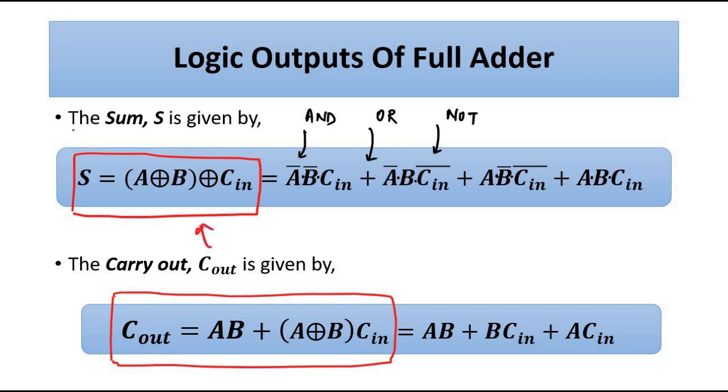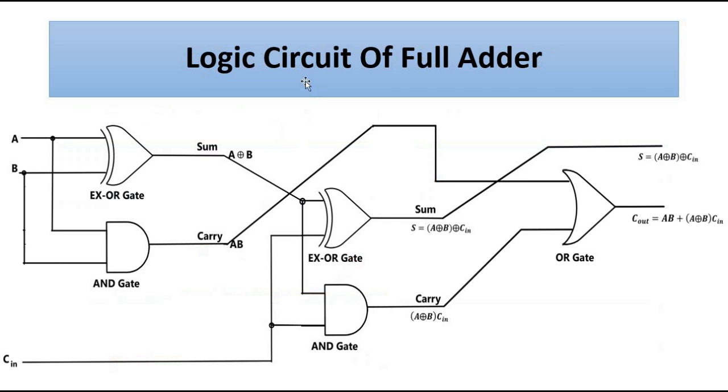We can implement it using an XOR gate, then this plus sign means there will be an OR gate, and AND gates will be required. So we can form this logic circuit of the full adder.